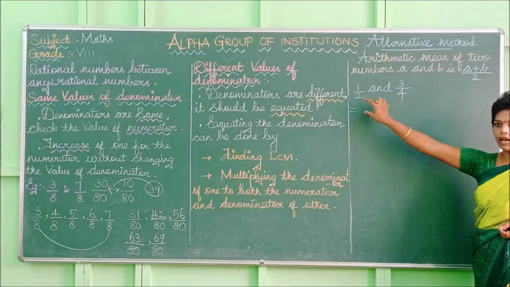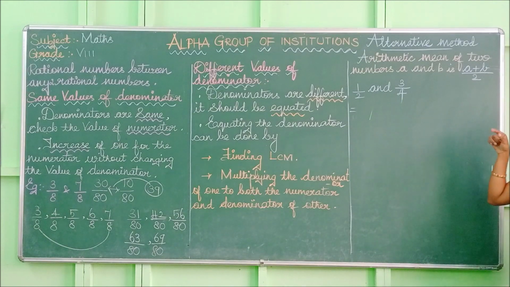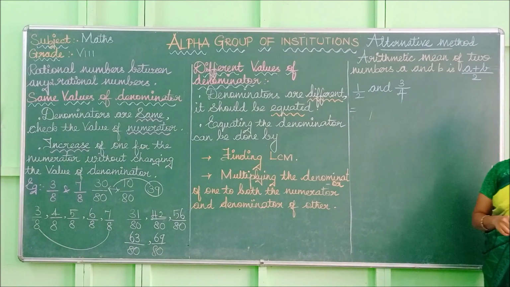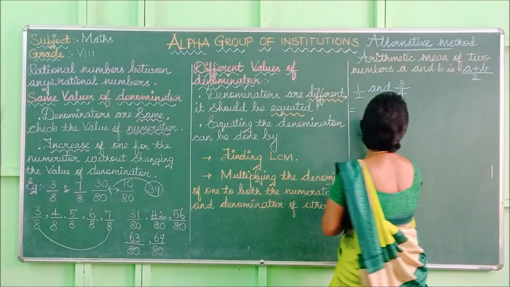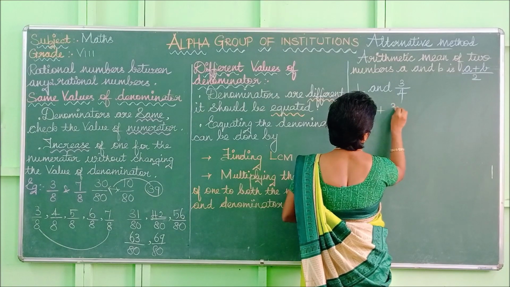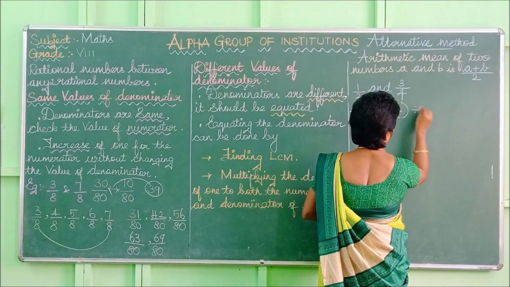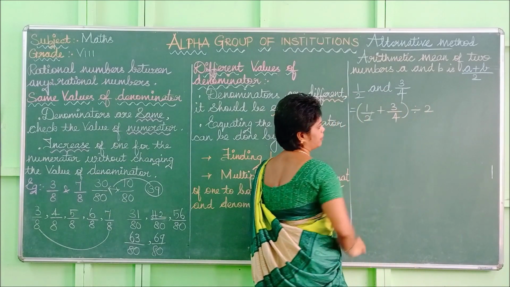You can take this value as A and the next value as B. Those values should be added and divided by 2. So listen here: 1 by 2 plus 3 by 4, divided by 2. This is the formula.